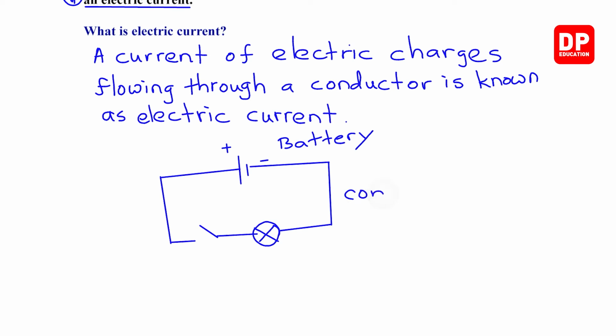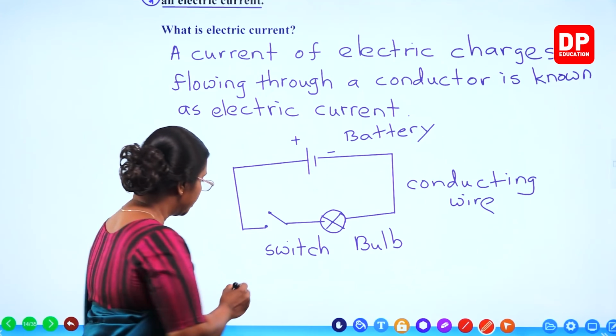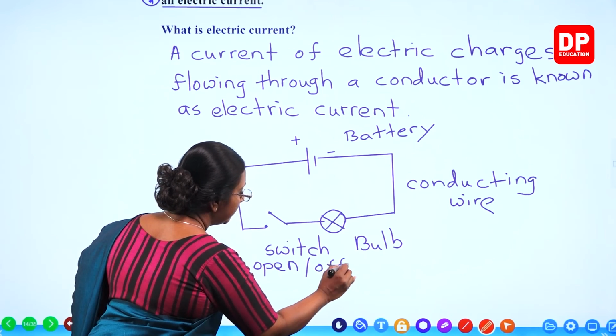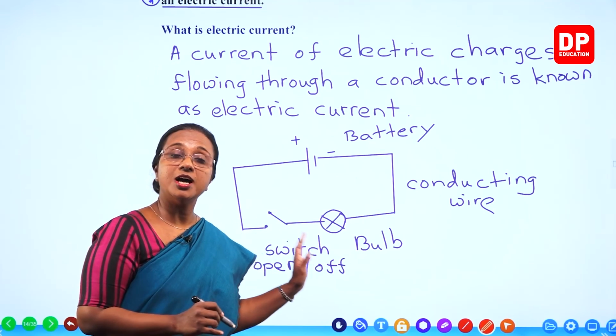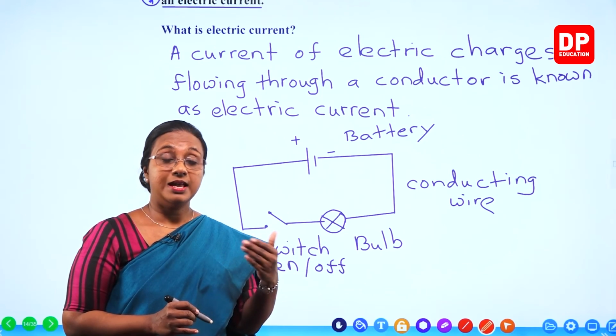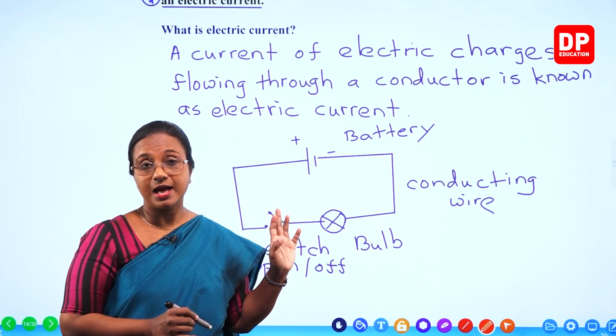So these are batteries or a battery. Then this is the conducting wire, then a bulb and a switch. Now here you can see the switch is open, or you can say off. Then of course there will be no charge flowing through this circuit, or no current electricity flowing through this circuit. So you will not see the bulb light.